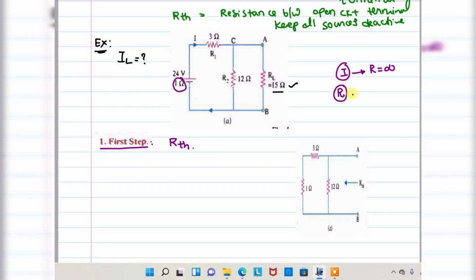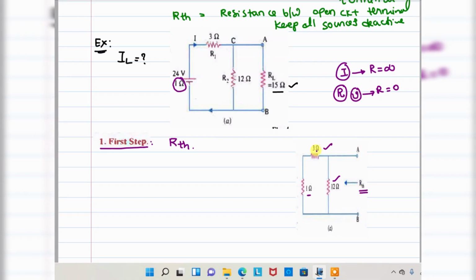Internal resistance of an ideal voltage source is 0. But it is not an ideal voltage source, internal resistance is mentioned in the problem, that's why the 1 ohm is replaced. Fine. The remaining 3 ohms and 12 ohms are kept as they are, and AB terminals are kept open. Now seen from AB terminals, this is the RTH.